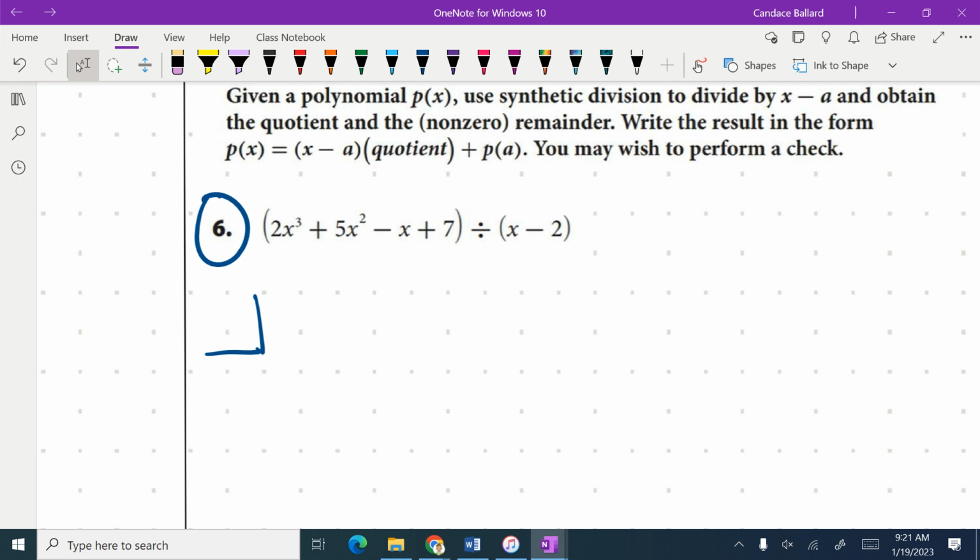Give you about 20 seconds on your own, and calculators are encouraged.